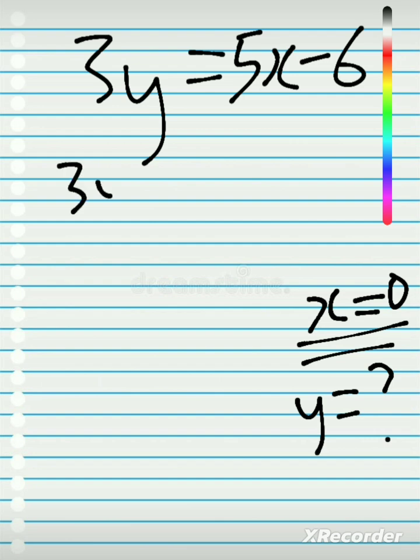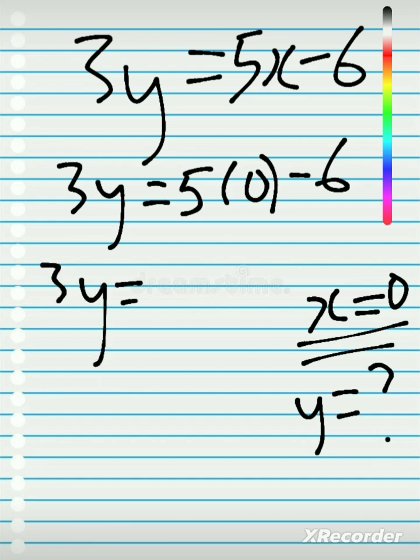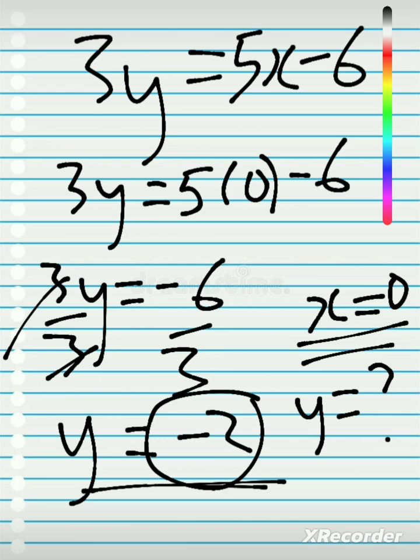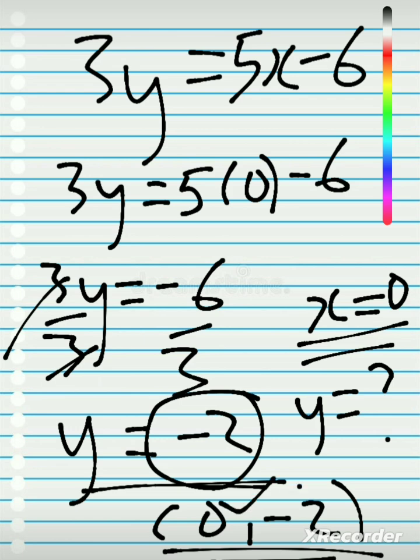It's going to be 3y equals 5 times 0 minus 6. 5 times 0 is 0, so 3y equals negative 6, divided by 3. So y is equal to negative 6 divided by 3, which is negative 2. Therefore, the coordinates are (0, negative 2). We start with the x value, then the y value.